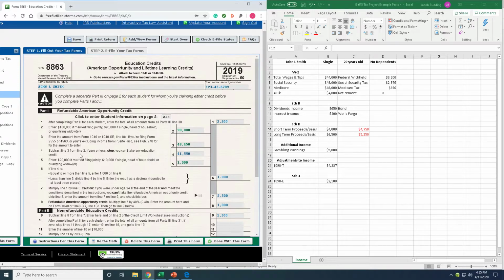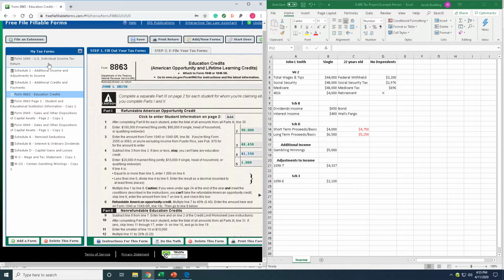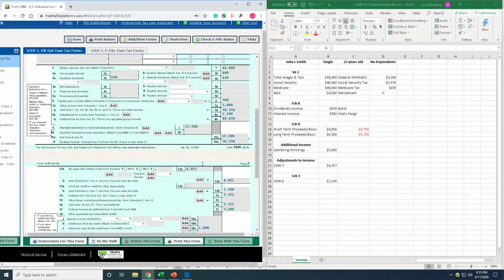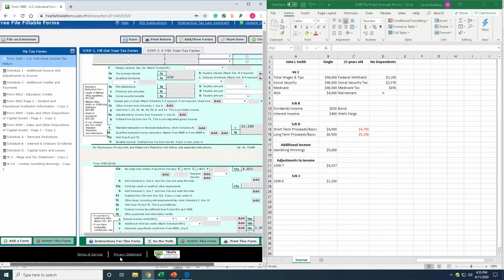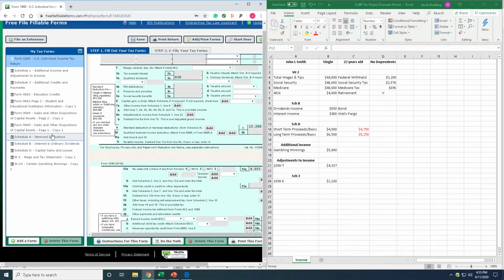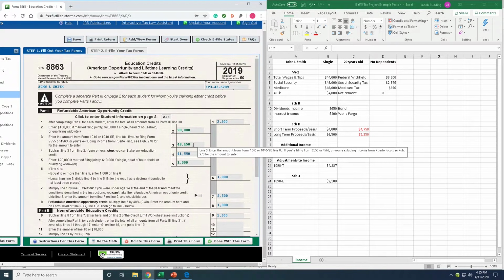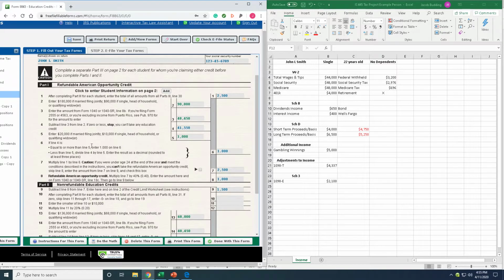All right, so this wants you to get the amount of money you had on line 8B. So let's go and get that number. 48,450. You literally just remember the number, write it down somewhere, bring it back. 48,450. And then so now we go down.